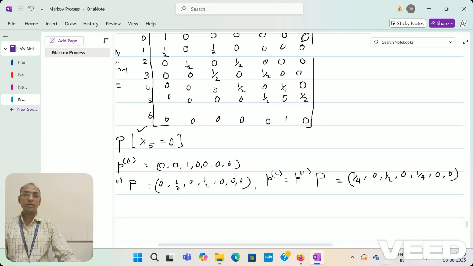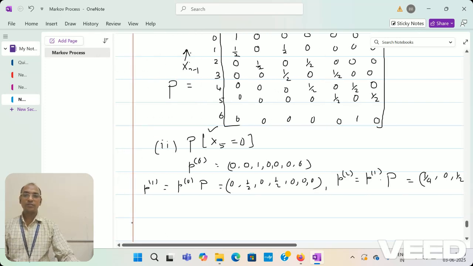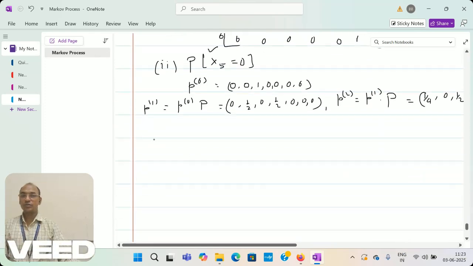This will be the second step probability distribution.